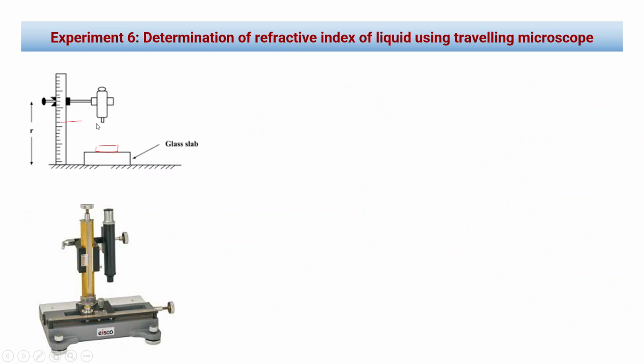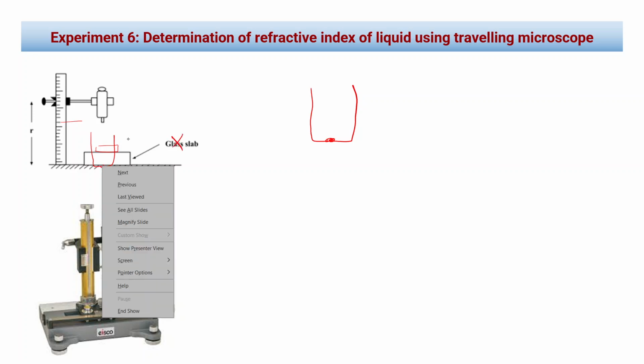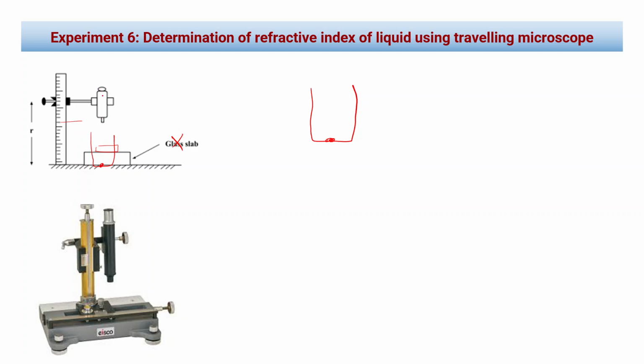So in this experiment, what was demonstrated, remember, we had taken a beaker and made a mark at the bottom, and using this traveling microscope, when we keep the beaker here instead of this glass slab, with a mark at the bottom, I'll see from this traveling microscope at the point where I get a clear image, that distance I'll take as the real distance, or actual depth.